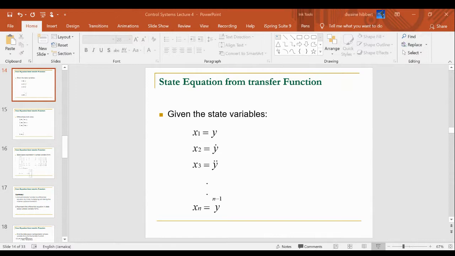Did you hear the question? Hello, sir. Can you hear me? Yes, I'm hearing you slightly. Go ahead. You have a question or a comment? Yes, sir. I'm not sure if it's on my end or yours, but I am seeing the state equation from transfer function slide.